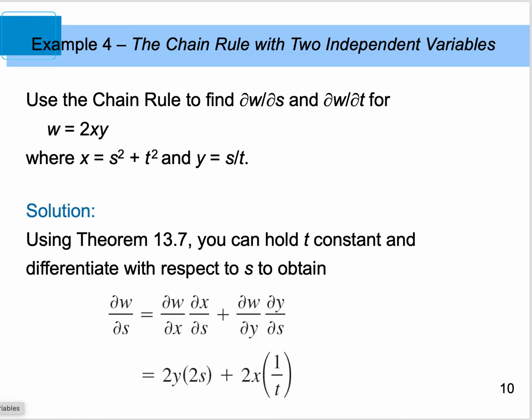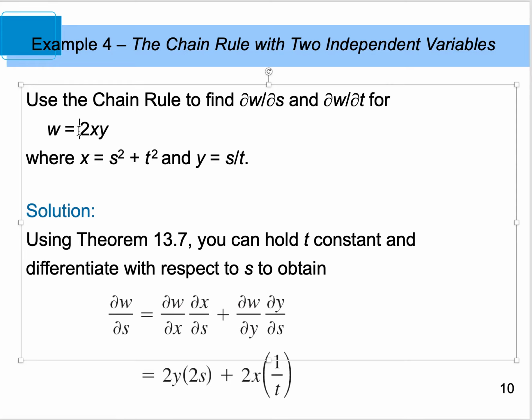So I'm treating, in the first statement, dw dx means I'm taking the derivative with respect to x where y is constant. So the derivative of 2xy would be like the derivative of 4x. The derivative of 4x is just the number in front, 4. So if y and 2 are constants, the derivative of that is 2y times dx ds.